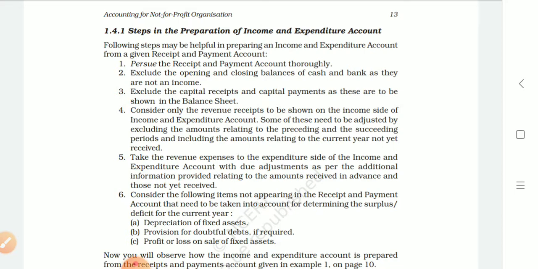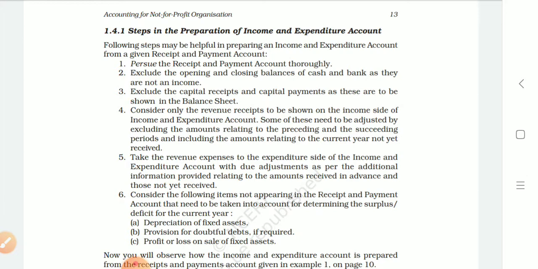First one, peruse the receipts and payment account thoroughly, means look at the receipts and payment account thoroughly. Then exclude the opening and closing balances of cash and bank as they are not an income. So both the opening and closing balance of cash and bank will not come in your income and expenditure account.